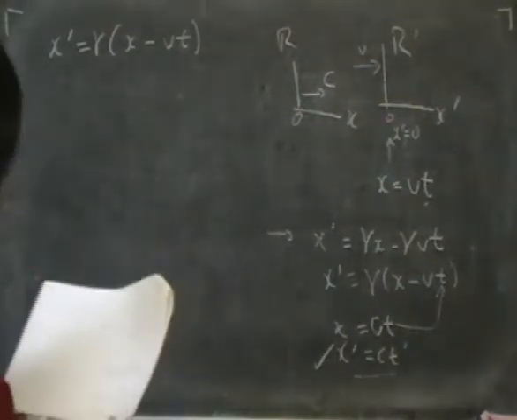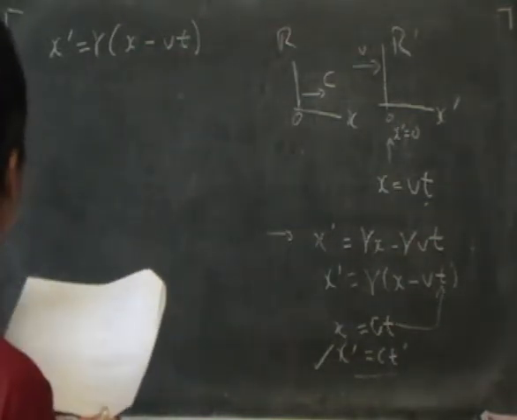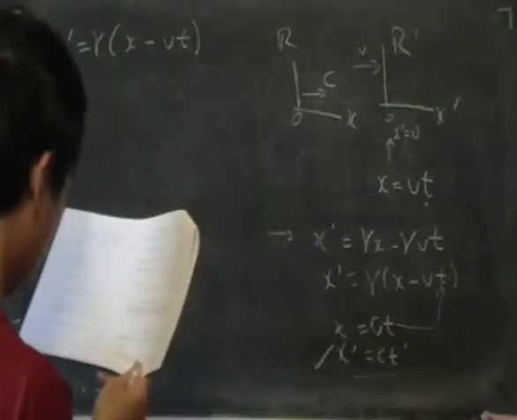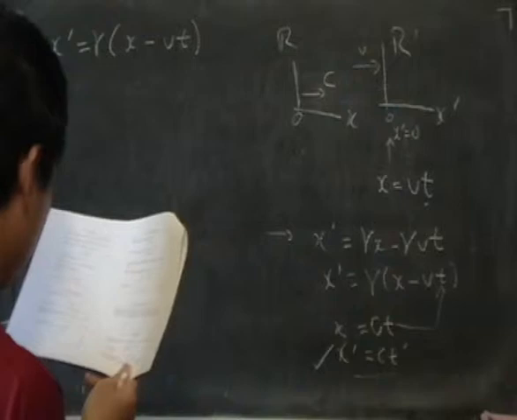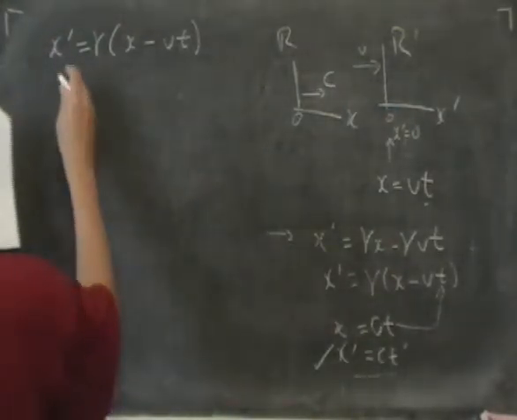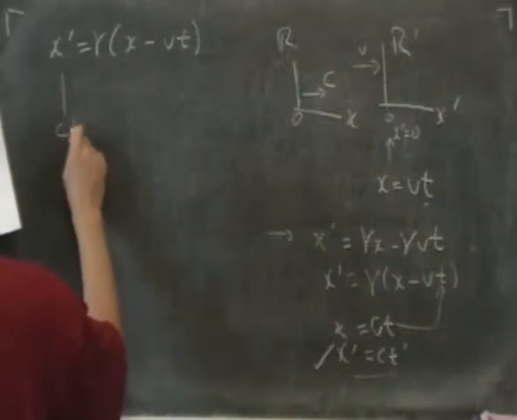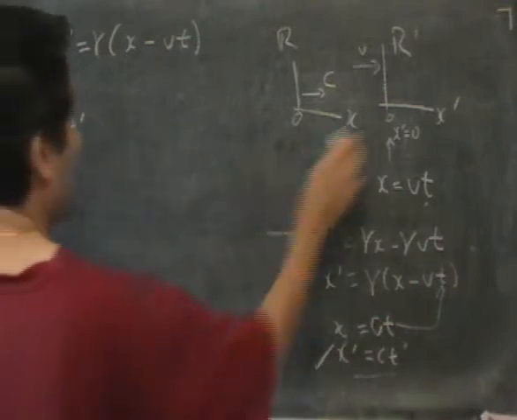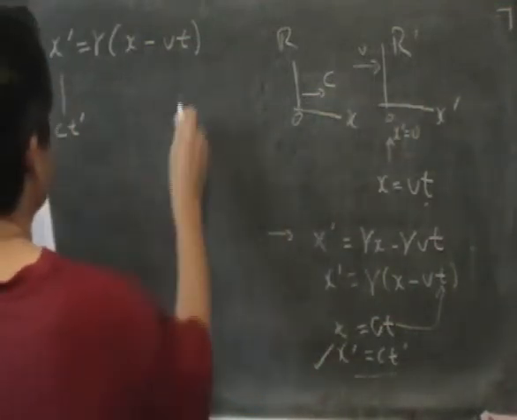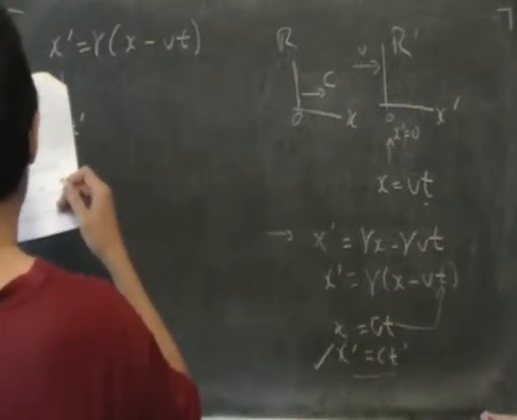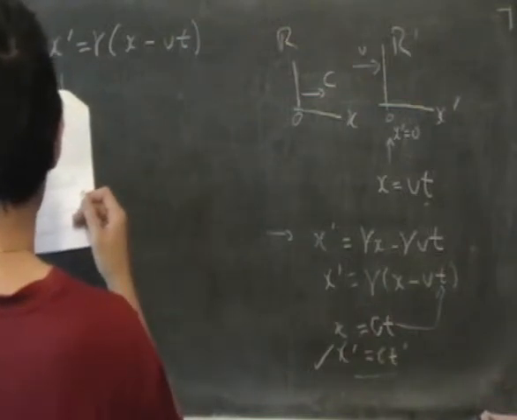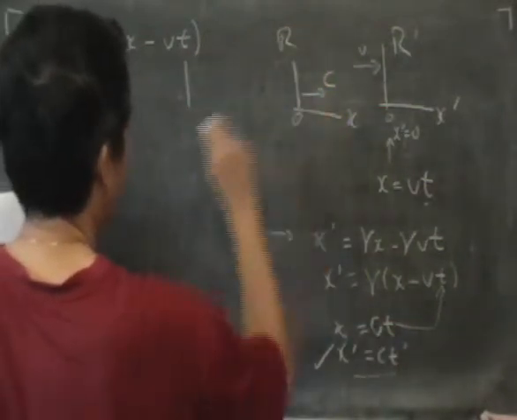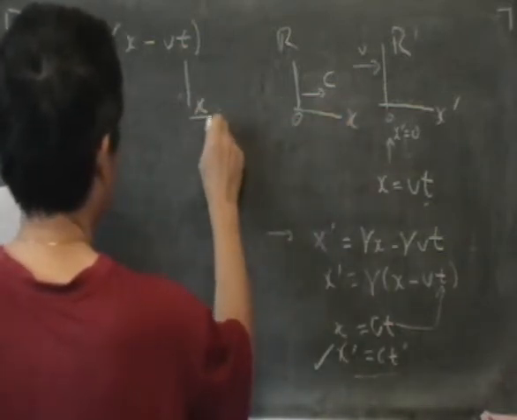The idea is to notice that the x prime there is equal to c times t prime, the light speed times the time in that frame of reference, and that the time in this frame is equal to the distance traveled by the light divided by c.